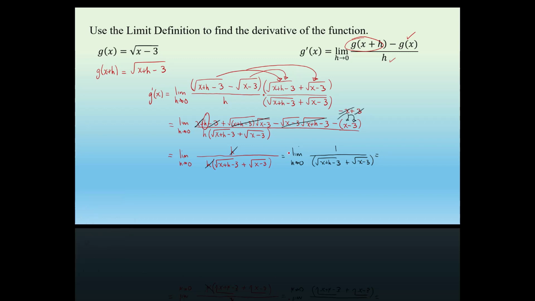So we'll go ahead and plug in 0 for h, and we'll end up with 1 over square root x minus 3 plus square root x minus 3. Of course, we can simplify this further by putting these together. And then we'll end up with a final answer of 1 over 2 times square root x minus 3.